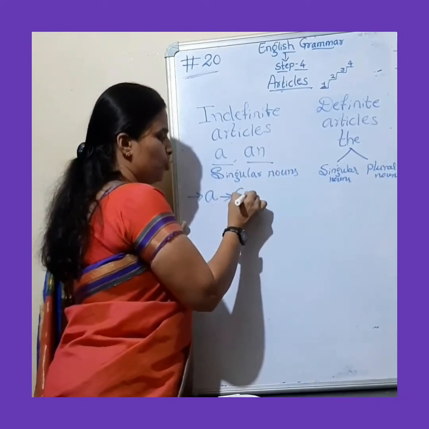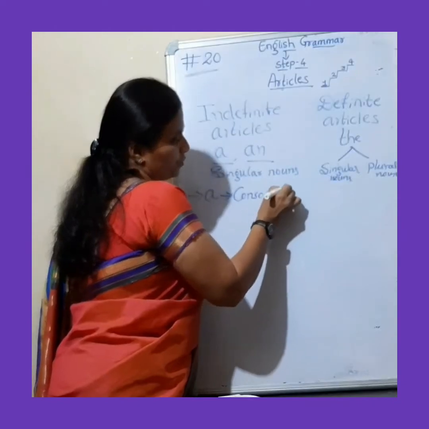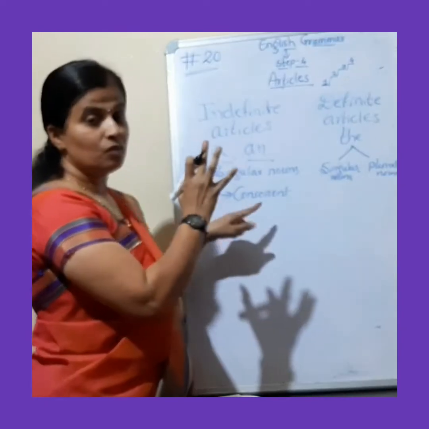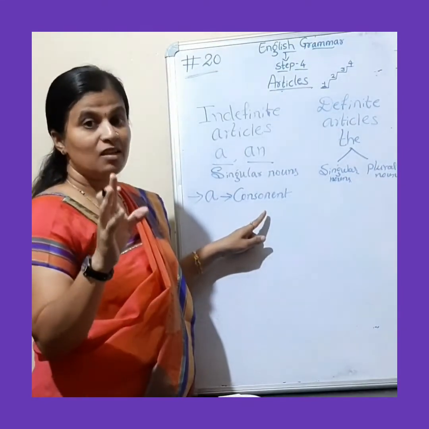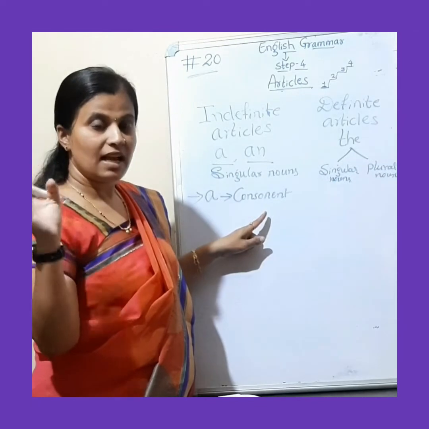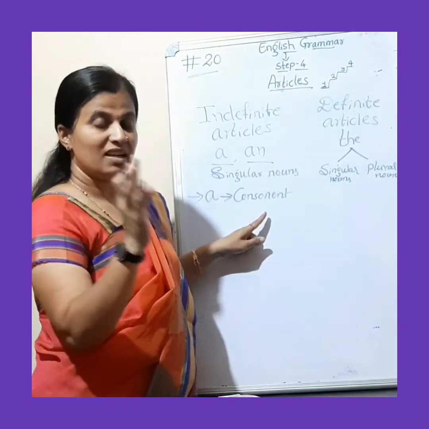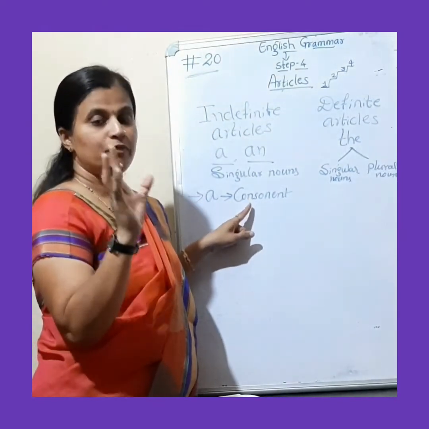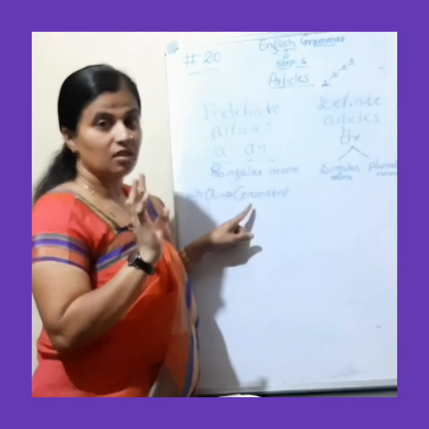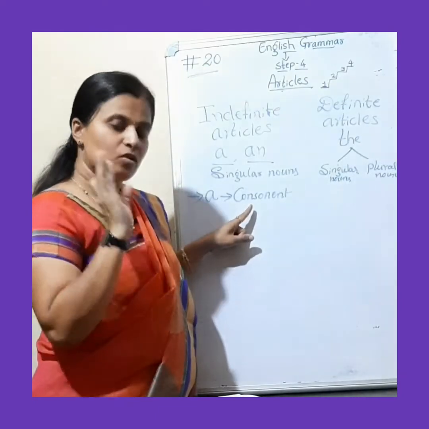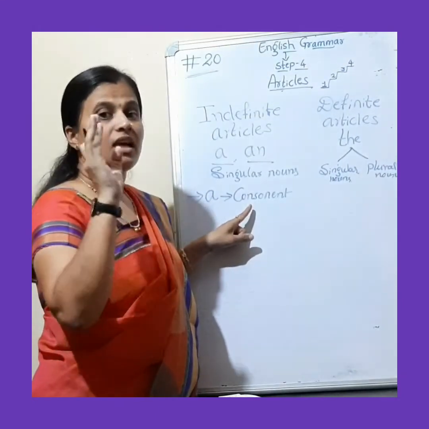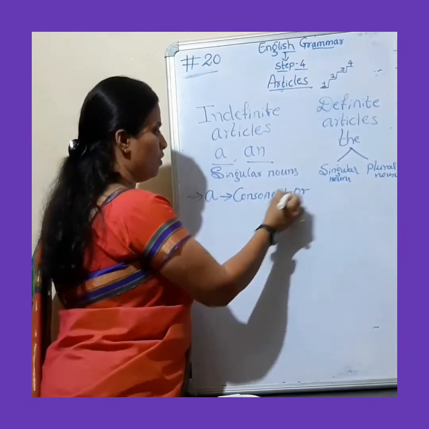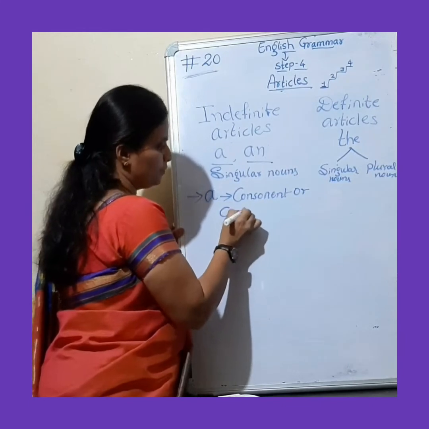A we have to use when the word begins with a consonant. What are consonants? There are 26 alphabets. 5 are considered vowels: A, E, I, O, U, and the rest, that is 21, are considered consonants. So if the word begins with any one of these 21 consonants, then we have to add a before those words.